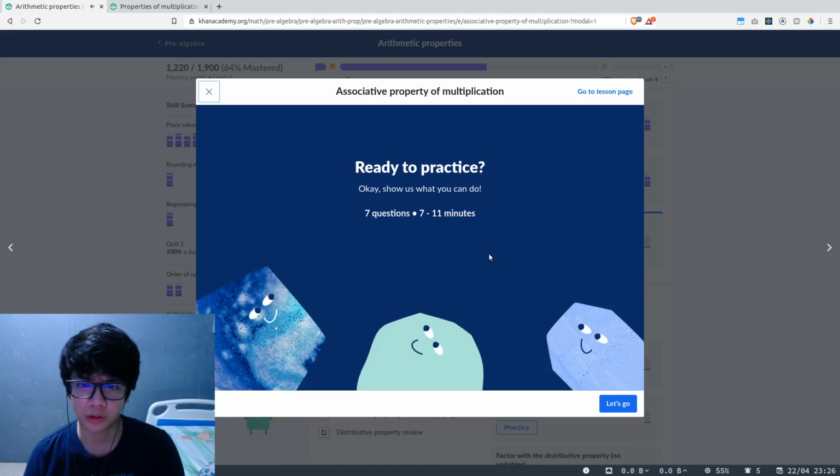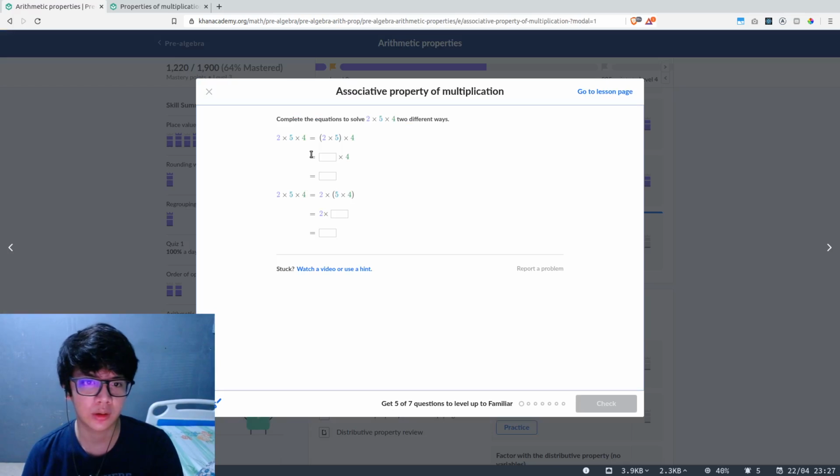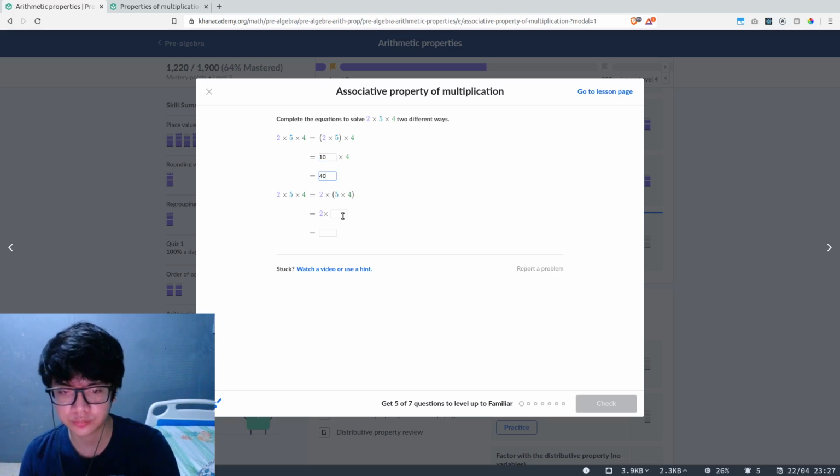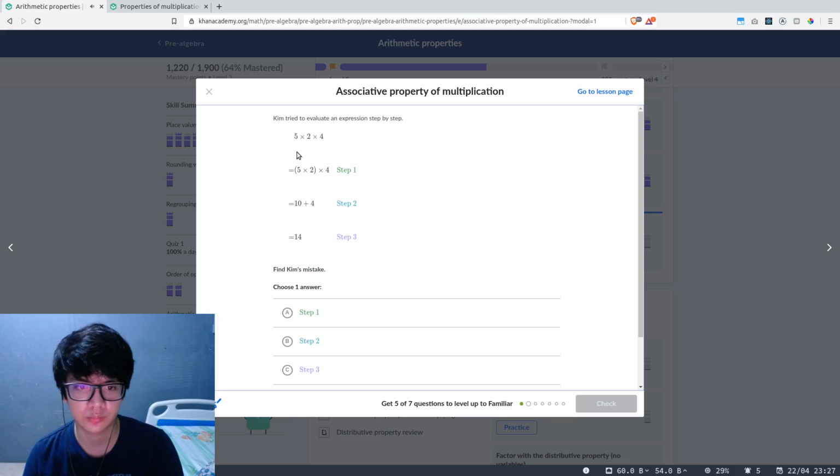Associative property of multiplication. Complete the equation to solve 2 times 5 times 4 two different ways. Kim tried to evaluate an expression step by step. Find Kim's mistake. 10. Why is this plus 4? Are you kidding me, Kim?